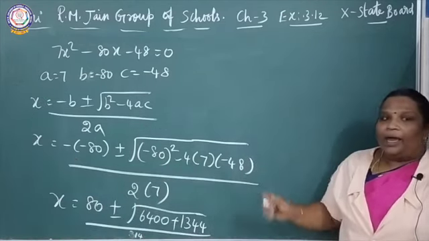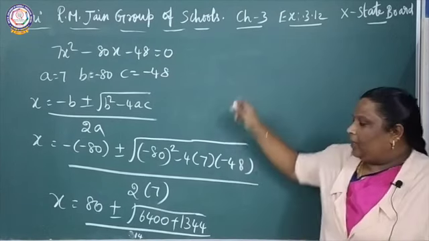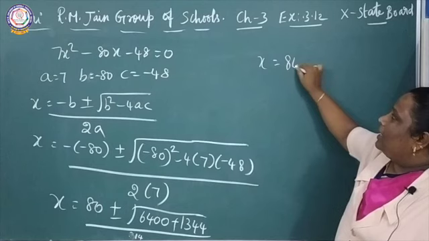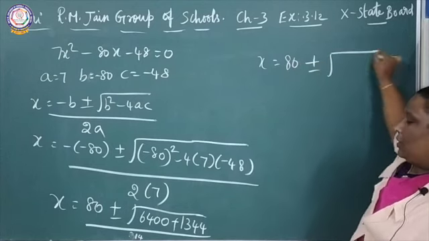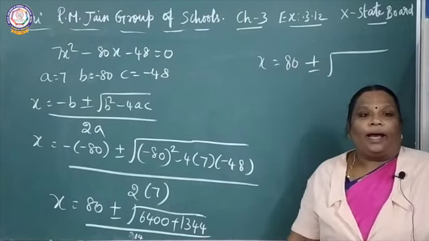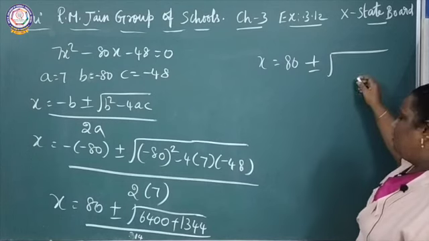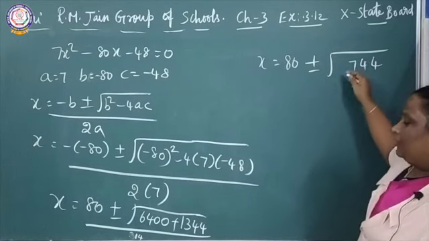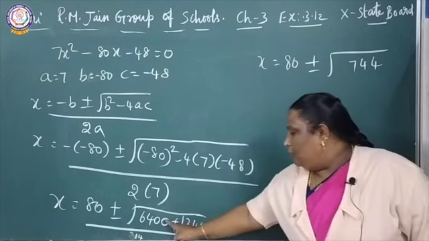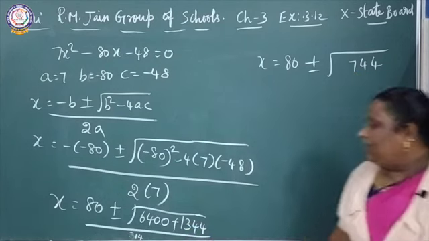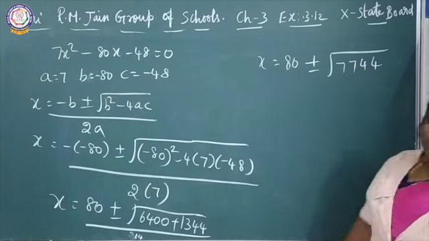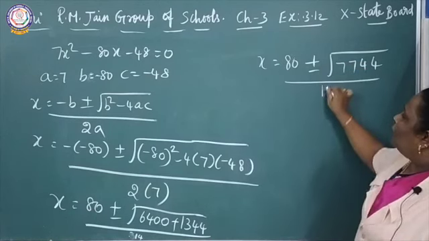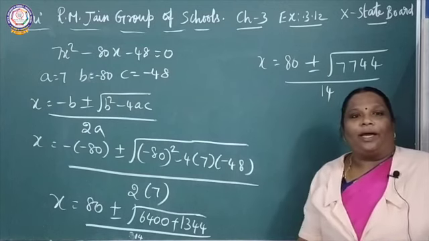See here, x equal to 80 plus or minus root of, you can add. Add means what is the value you are getting? 7744, by 14.